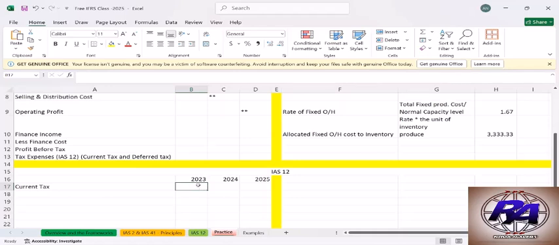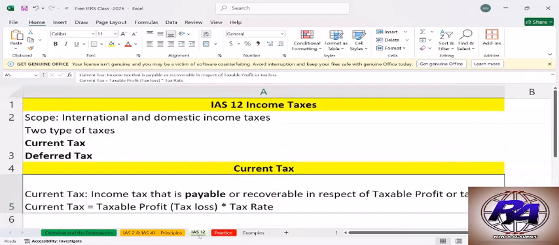So let's say that in the year 2023, the tax they have computed is $100. It's $100. So here is the current tax they have included in their income statement. But this tax is not the final tax they have paid. This is a provision based on their taxable profit.